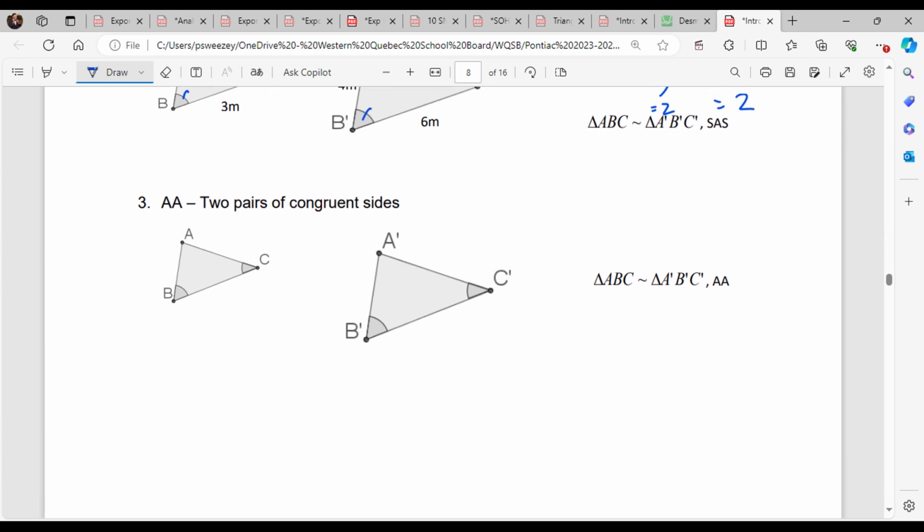Right? If I have 2, I have 3. So if I have 2 angles that are the same, then I know that the triangles are similar. Where will this be tough? We already did one just before, but I'll do it again. 60, 70. This guy's bigger.